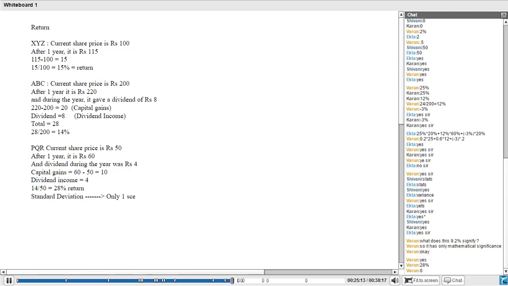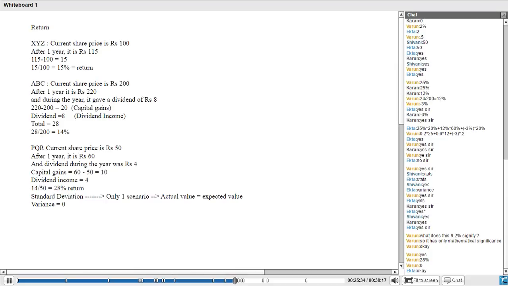That means the actual value is equal to the expected value, and hence, since we have only one value, the variance will be 0 and hence the standard deviation will be 0. Absolutely right, Varun. Because there is no difference between the expected value and the actual value, the variance in this case is 0.